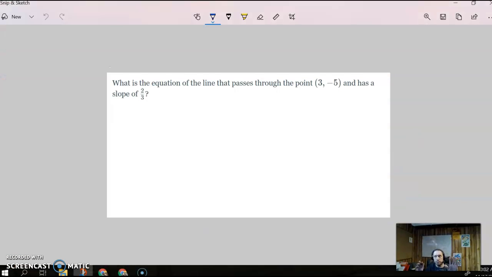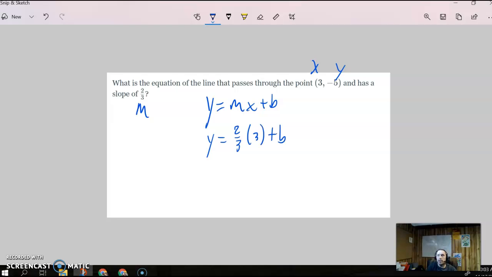Pause. All right, here we go. y equals mx plus b. This is my slope. This is my x and my y. y equals 2/3, x is 3, plus b. Oop, I forgot I need to put my y in, which is negative 5. What's 2/3 times 3?